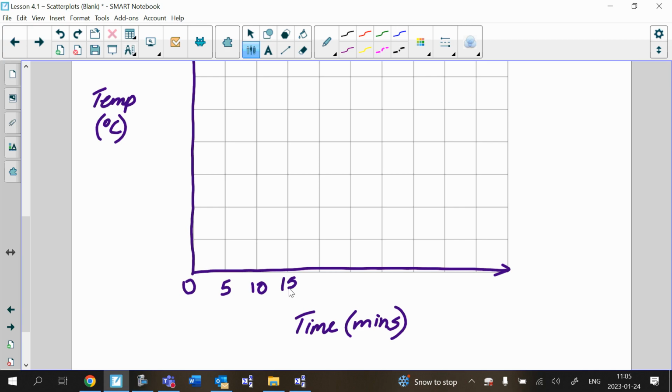Do I have enough to go up? I could go up by 10s, or I could go up by 20s. I think if I went up by 10s, I wouldn't have quite enough. Or you could put a squiggly in and start at 70 and go up by 10s. It's still correct.